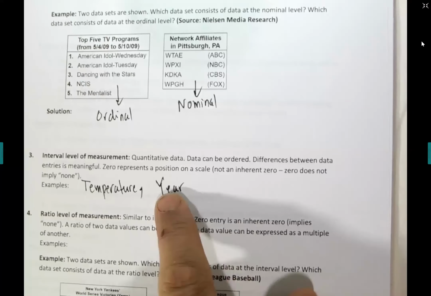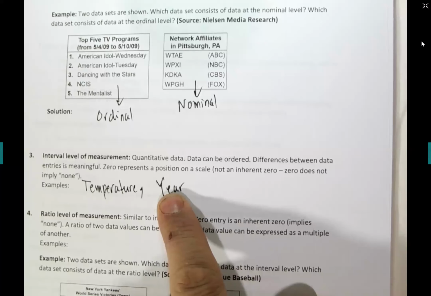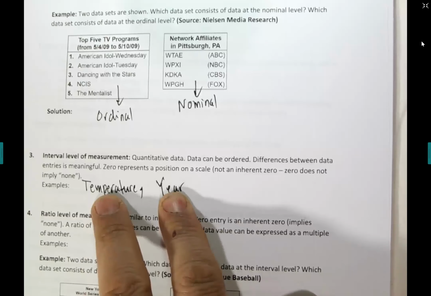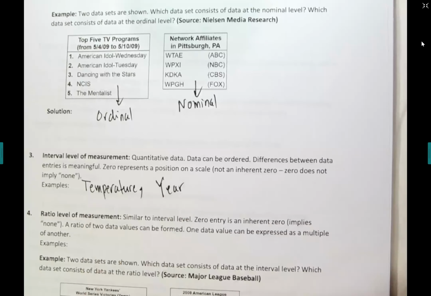So years is another example of interval measurement. It's a little bit difficult to come up with a lot of examples at this level, guys, so I'd like you to pay attention to those two examples, and you might see them in the homework. You know already that temperature is one of them and the second one is year.